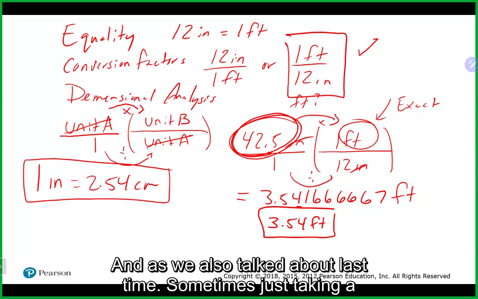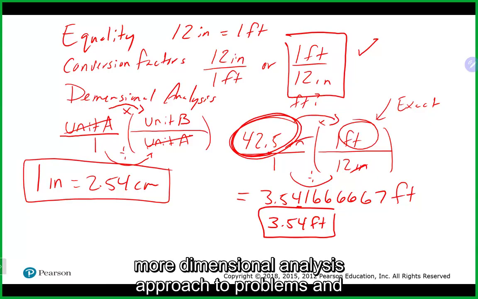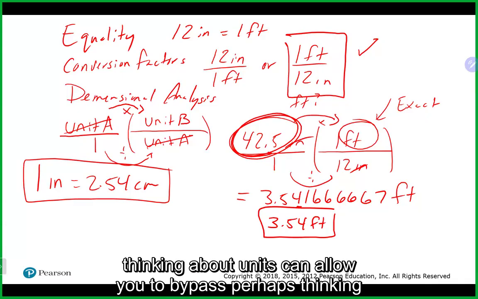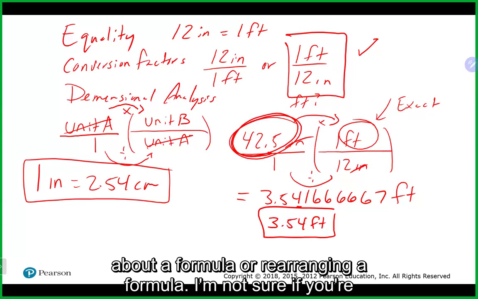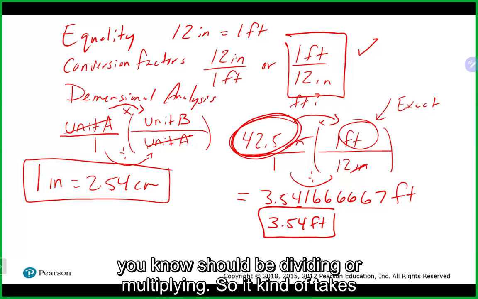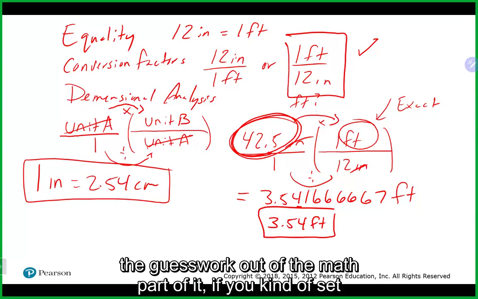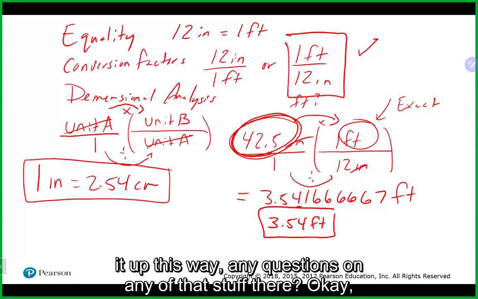As we also talked about last time, taking a dimensional analysis approach and thinking about units can allow you to bypass rearranging a formula, or wondering whether you should be dividing or multiplying. It takes the guesswork out of the math if you set it up this way. Any questions on any of that?